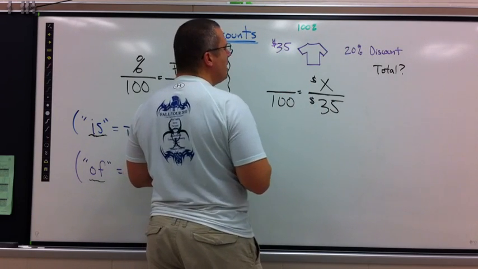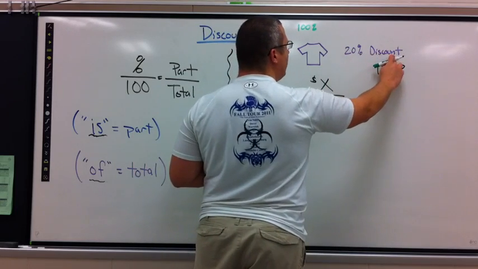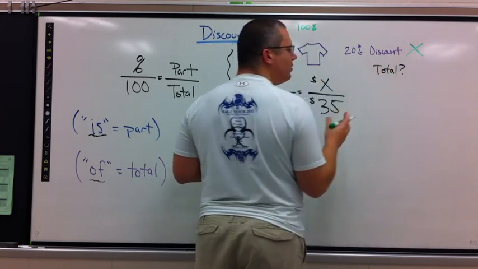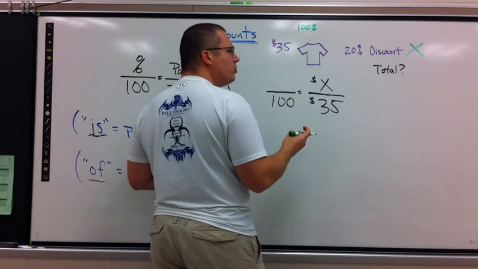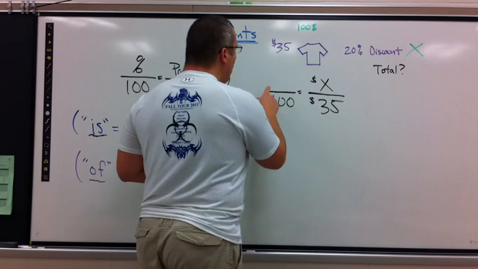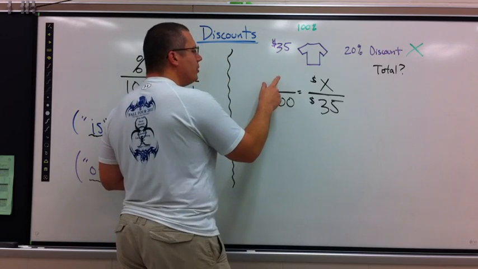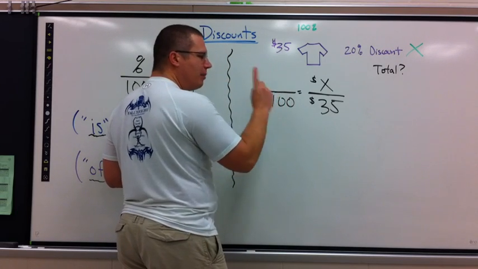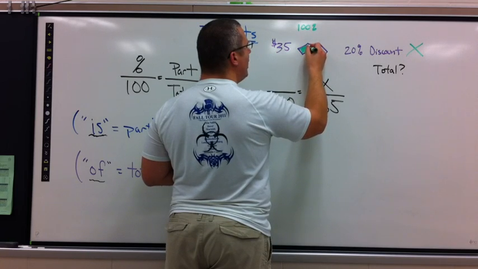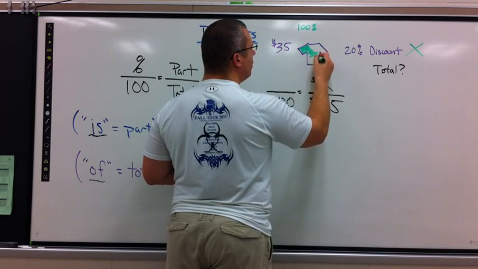Now here's what you need to think about. If it's 20% discount, that's 20% I don't have to pay for. It's basically free for me. So here's what I want you to think in your head. Before I figure out this, what's going to go in here is what percent of the shirt do I have to pay for? Well, if it was normal, I would be buying all 100% of the shirt.